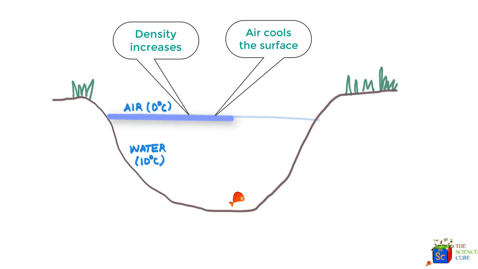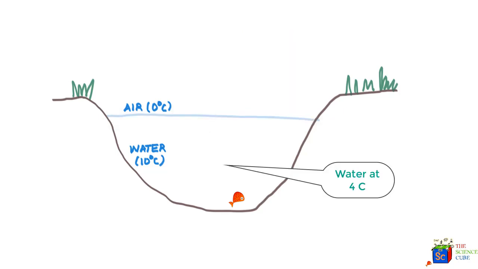So this denser water naturally sinks down and the lighter water comes up. So now this lighter water gets cooled by the air and it sinks down, and the water at lower temperature below comes up. So this cycle continues till the temperature of water reaches 4 degrees.